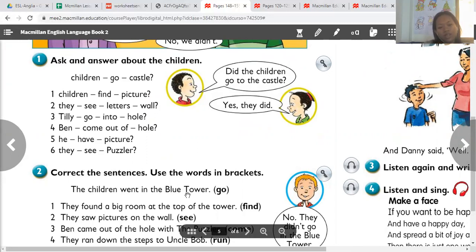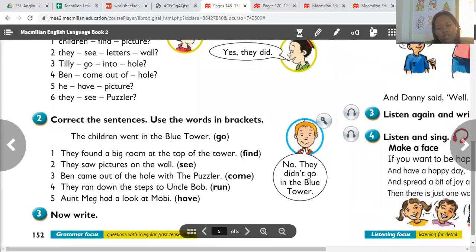Okay? So they want you to change the past tense here into the present tense. You understand, everybody? Please write all of the sentence in your notebook. Understand?